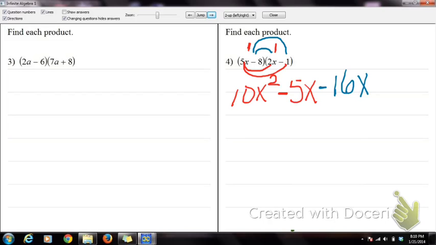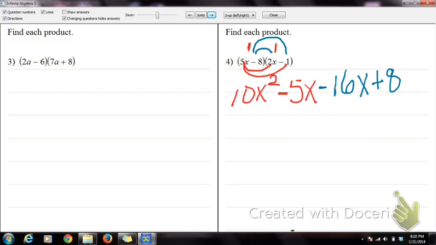And negative 8 times negative 1 is a positive 8. Notice I did these in 2 different colors. The red was to symbolize the 5x being distributed to the 2x and the negative 1. And the blue was to symbolize the negative 8 being distributed to the 2x and then the negative 1.